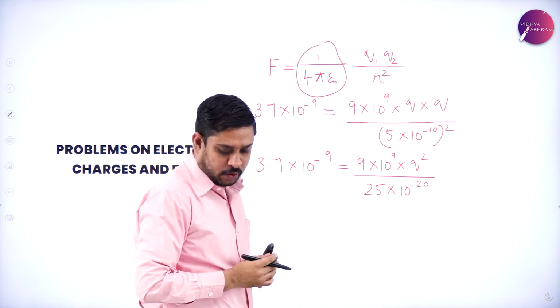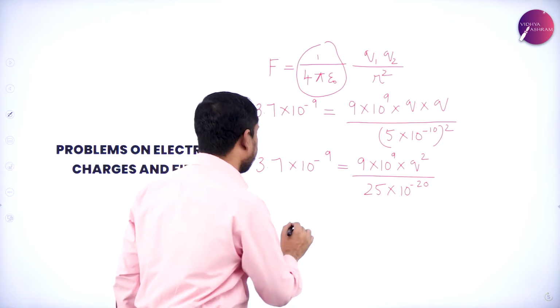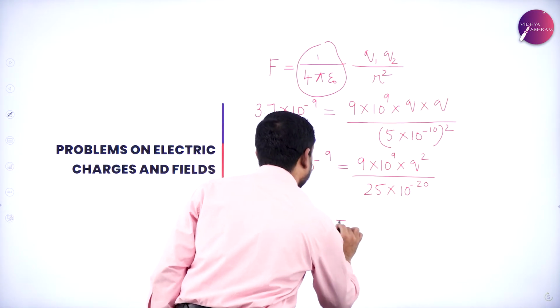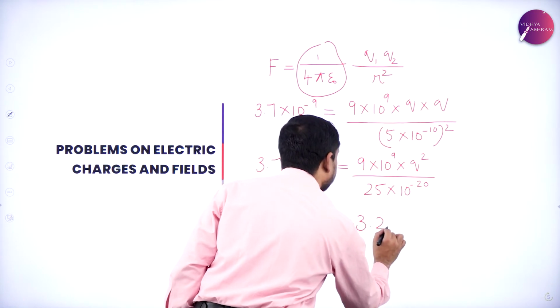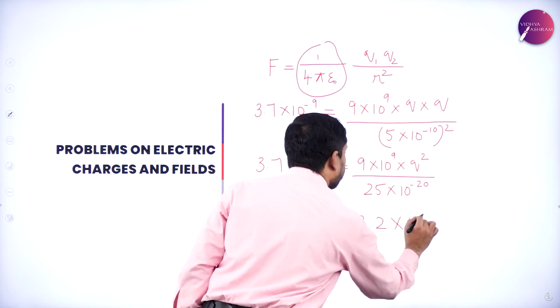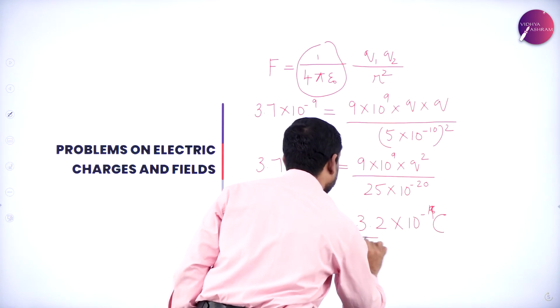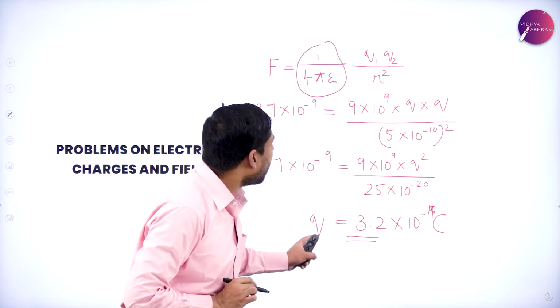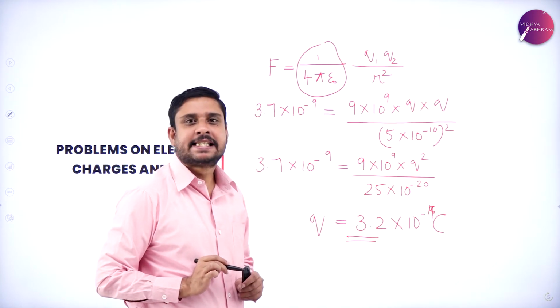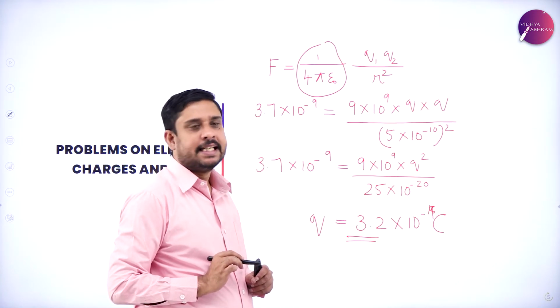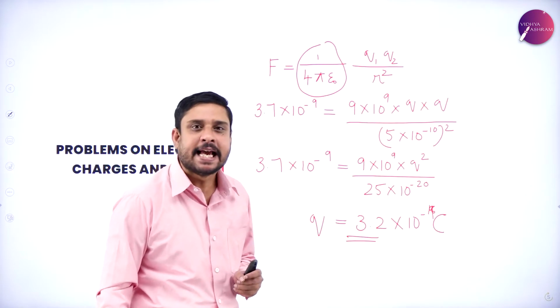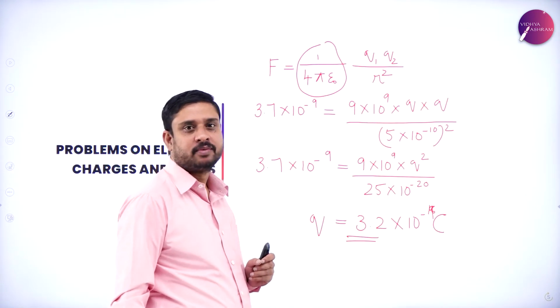Now, when we simplify here, Q turns out to be minus 19 Coulomb. So Q1 and Q2, since they are like ions, will have the same magnitude.